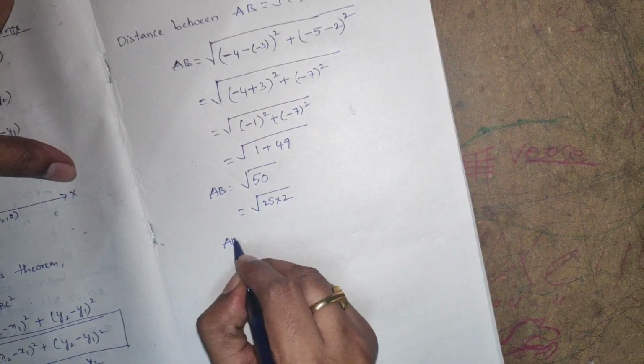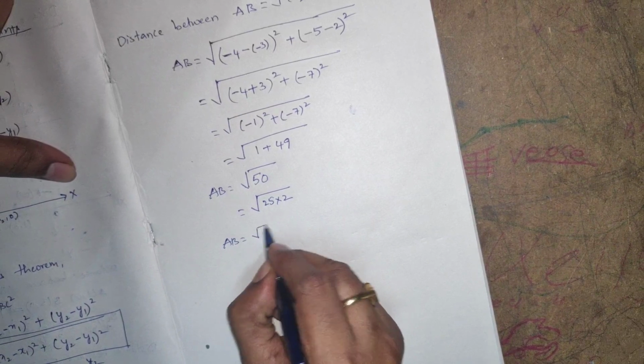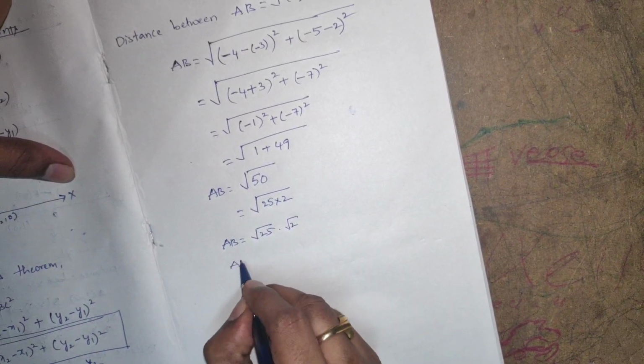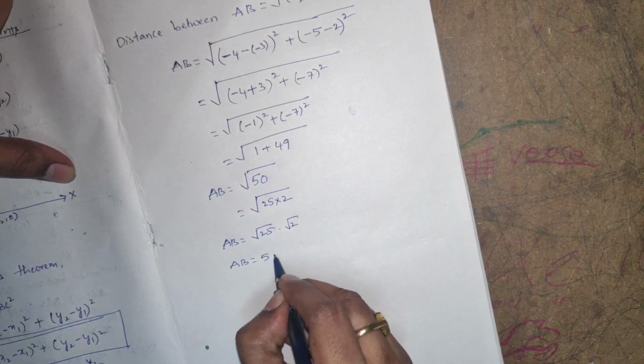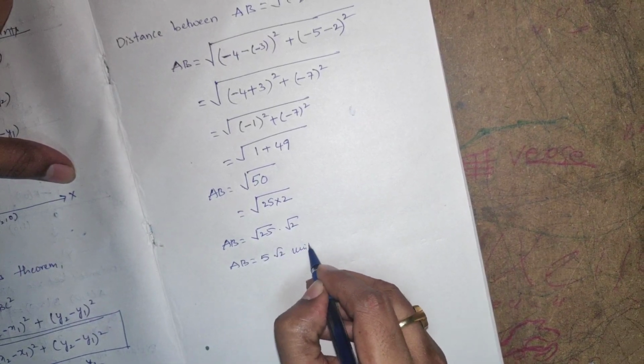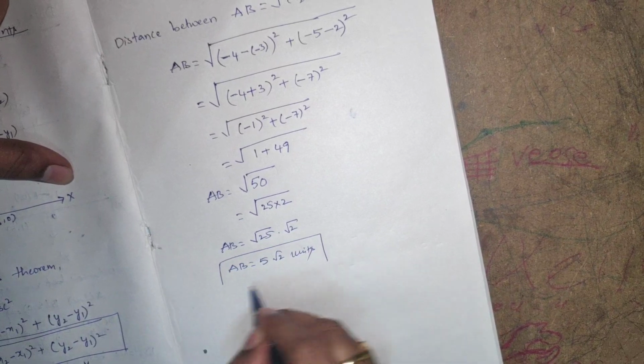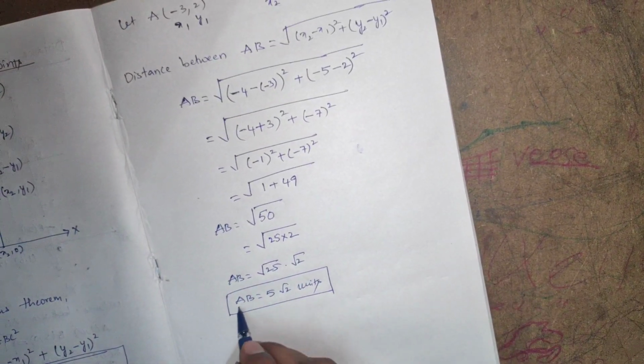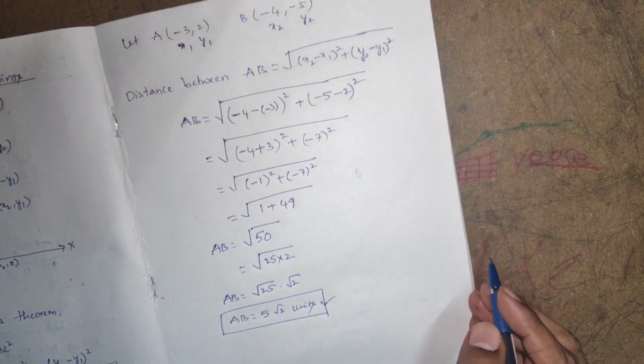So AB is equal to, splitting the root, 25 into root 2. So AB is equal to 5 root 2 units, as both 5 and 2 are here. So the distance between AB is 5 root 2 units.